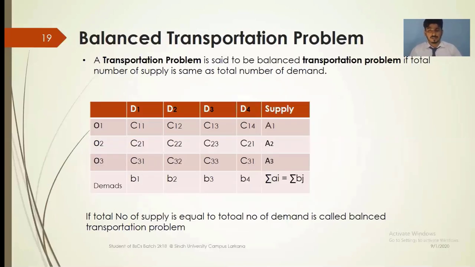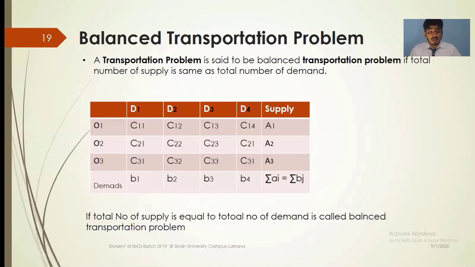Balanced transportation: a transportation problem is said to be balanced if the total supply is the same as the total demand. Here, summation Ai is equal to summation Bj.